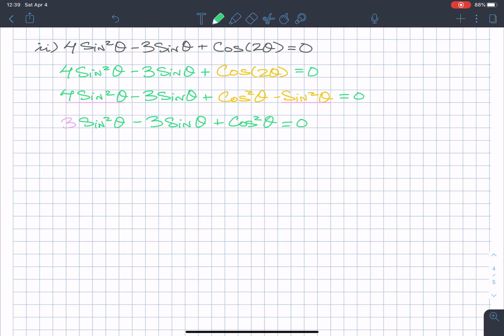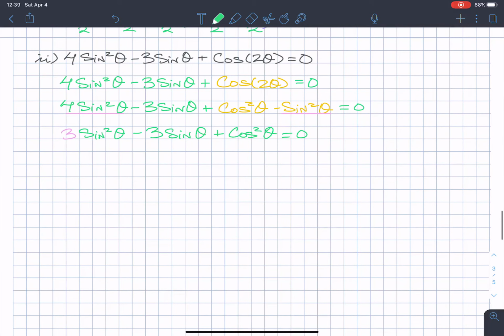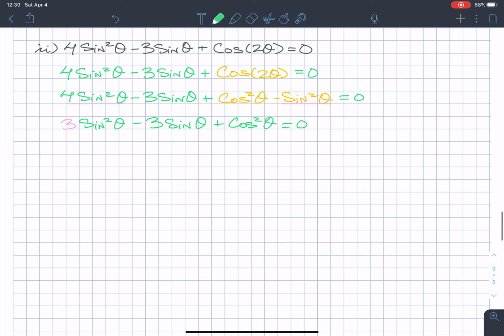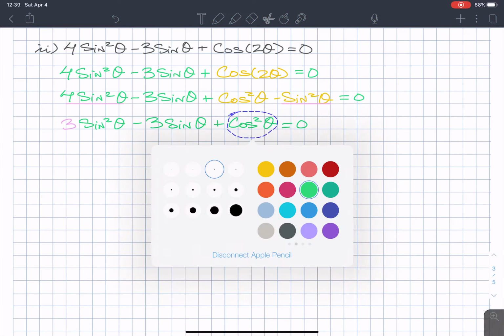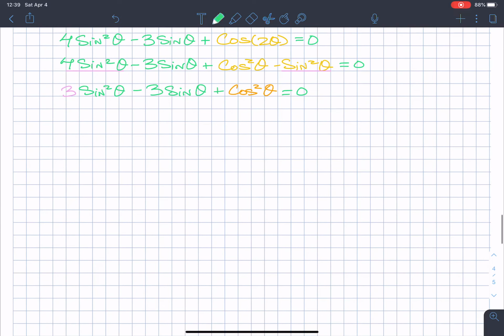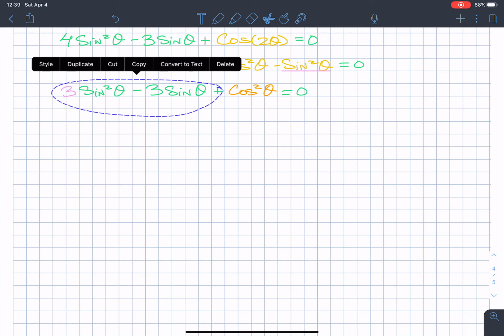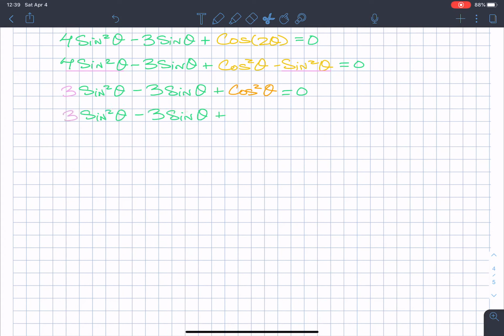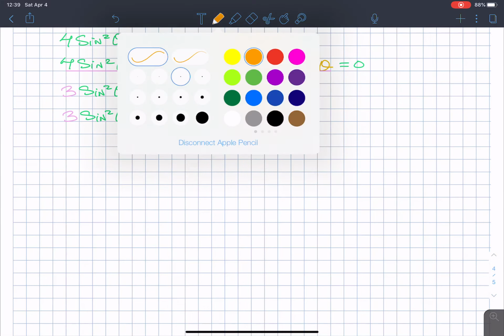Well, I would like to get rid of cosine squared. Let me keep this in orange. Cosine squared is 1 minus sine squared, so let's rewrite all of this: copy, paste, but I'm going to rewrite cosine squared as 1 minus sine squared theta from my main Pythagorean identity.